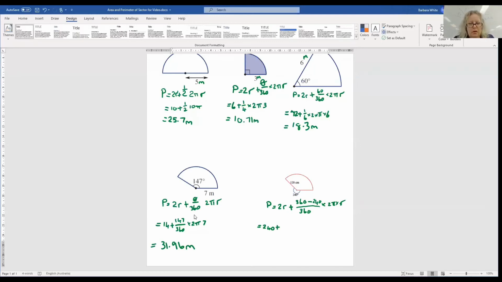It's about a third, I think, but we'll just write the whole thing in there. Times 2 times pi times 120, and then we calculate. I get 491.33, and this one is in centimeters.